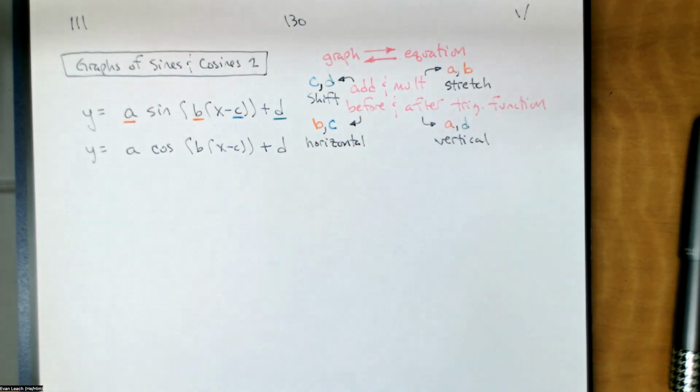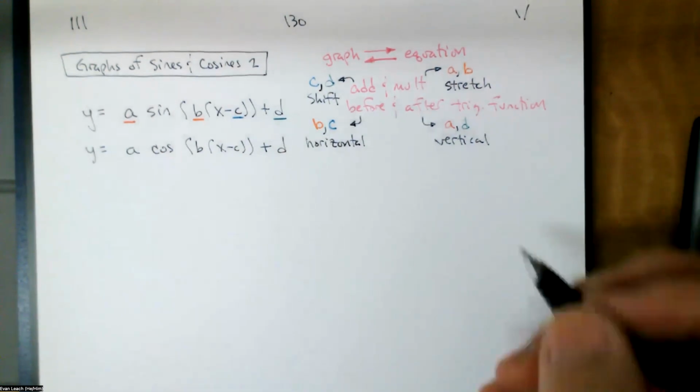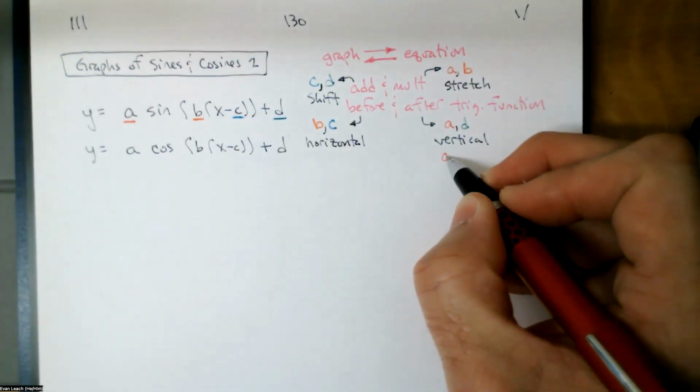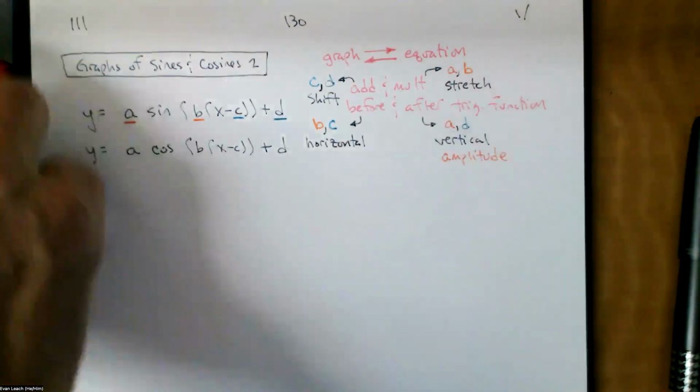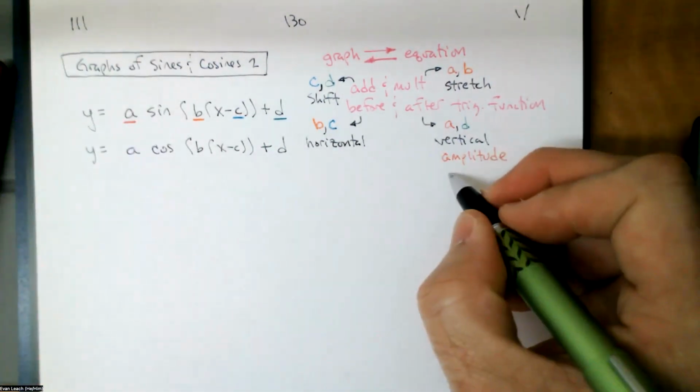In the category of vertical changes, we're going to have what the amplitude is. And the other vertical change is where the middle is.